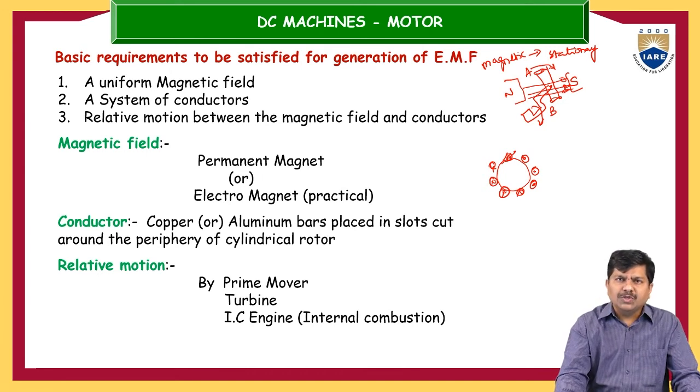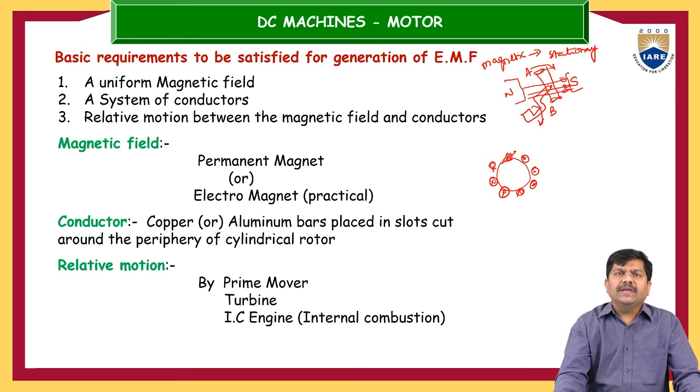Vice versa also you can choose, which is highly useful in AC machines. In AC machines, we assume a stationary conducting system, and the magnetic field is rotating, because in AC machines the expected electrical energy from the machine is very high. To get a huge amount of electrical power, more number of conductors are required.